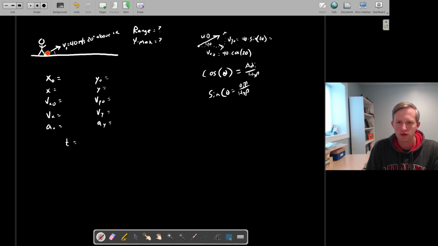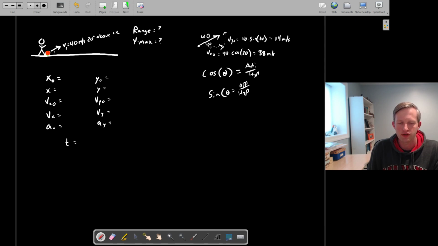And if we do these, bust out our calculators, we end up with a velocity of 38 meters per second in the x direction and 14 meters per second in the y direction.